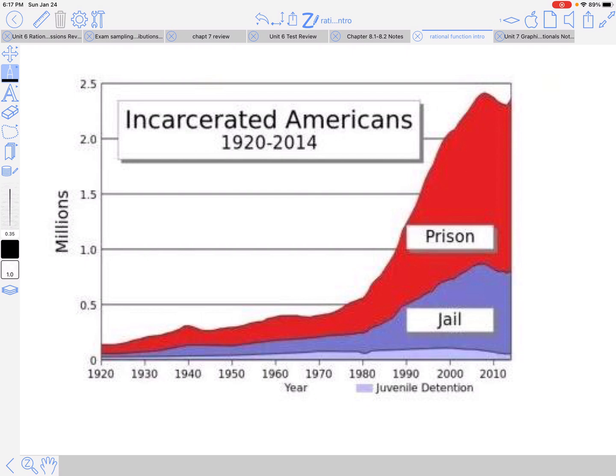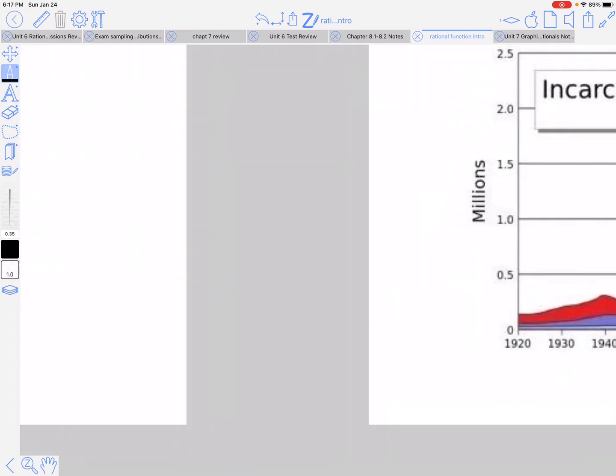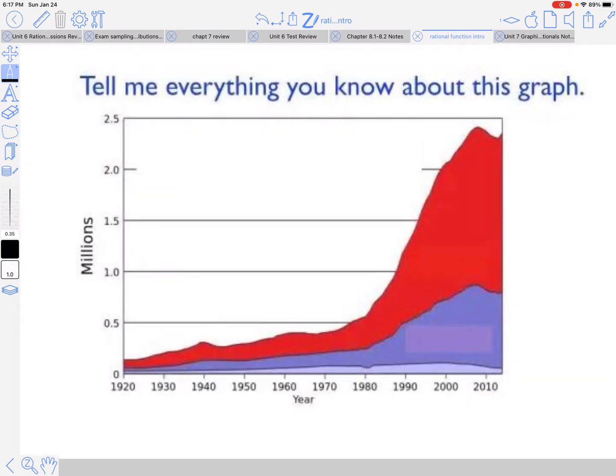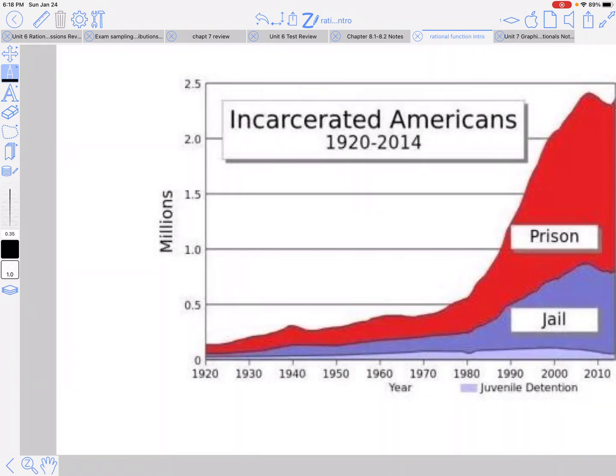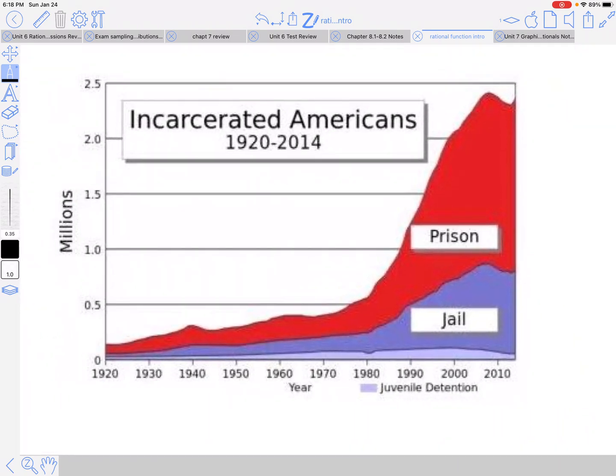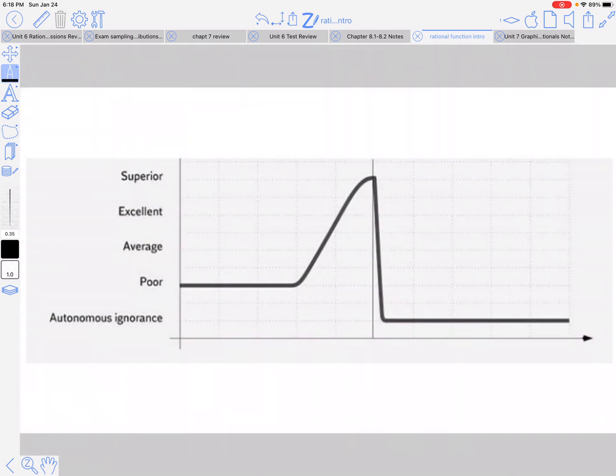More people have cars, more people have internet, more people have access to these things that are going to get us in trouble. So maybe not what you thought when you first saw this graph, right? That I was going to jump to people in prison or jail. But graphs obviously tell a story, and there's a lot that we don't know about, that we'd have to go investigate to find out more about this graph.